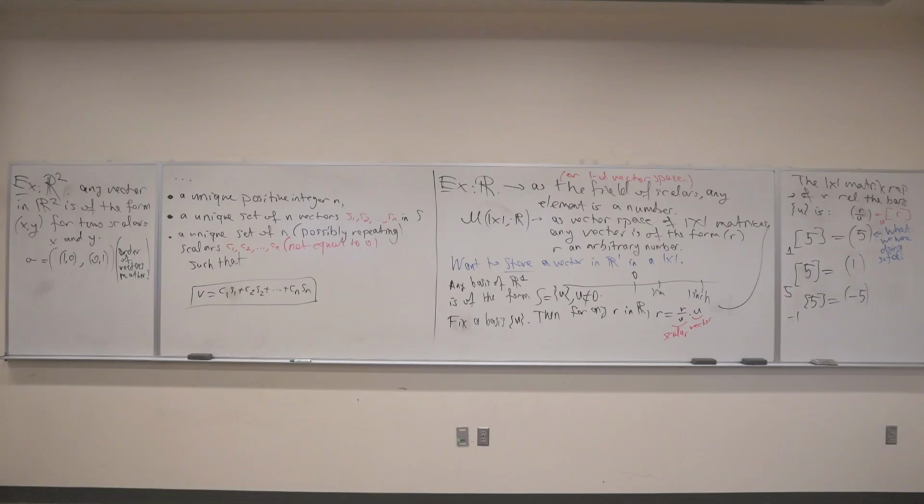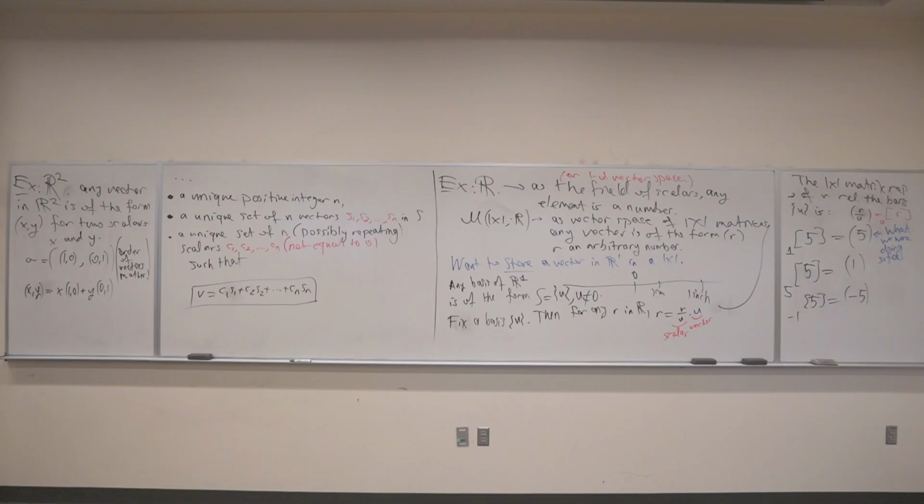Now to store an arbitrary vector here into a matrix, all I'm going to do is take this basis and write this vector in terms of basis vectors. So, okay, this is x times (1, 0) plus y times (0, 1).